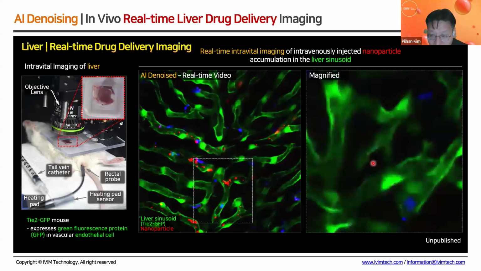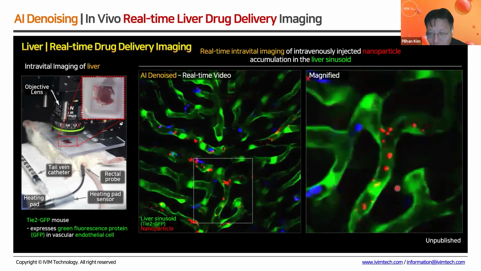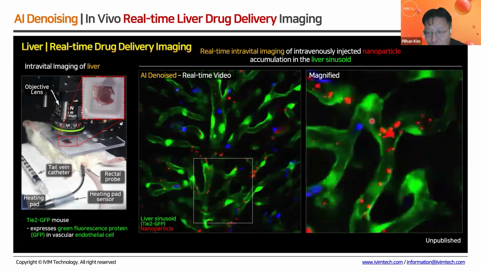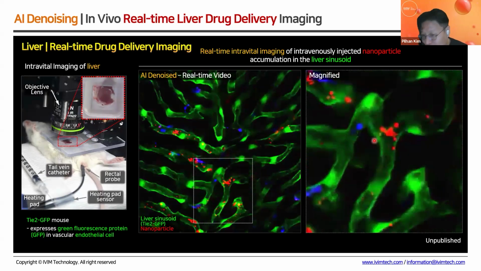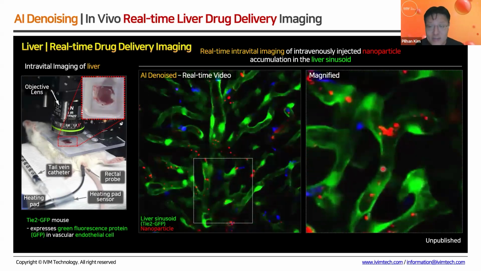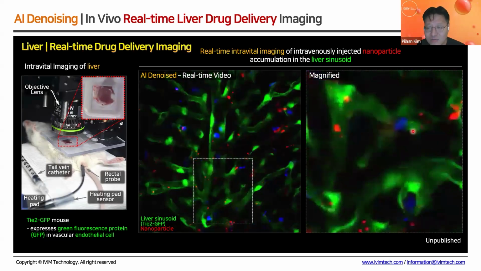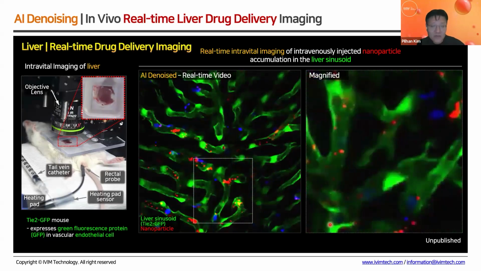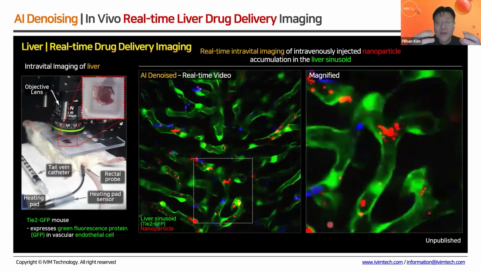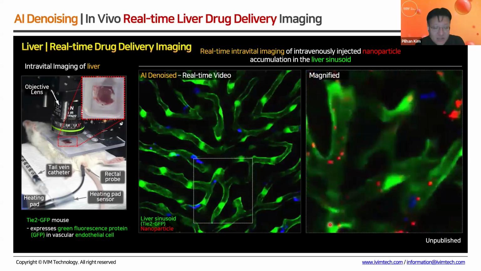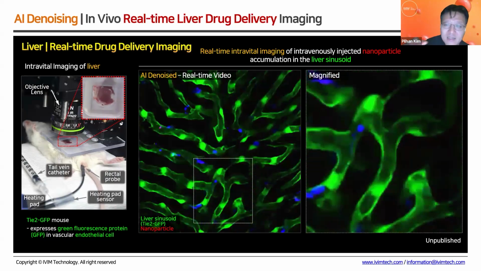If we zoom in, after denoising, we can easily distinguish even individual nanoparticles with a size of 200 nanometer, and how they are flowing and distributing inside the liver sinusoid, as you can see in this example. So this AI denoising algorithm is really a perfect match with our real-time intravital two-photon microscope.